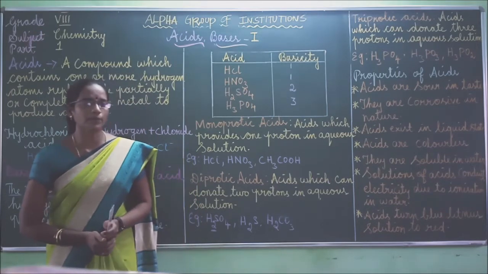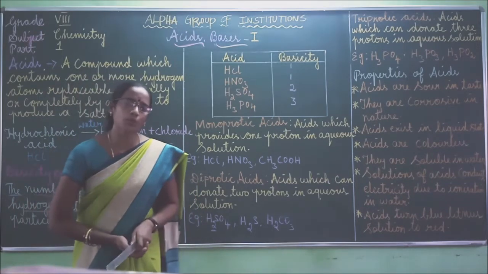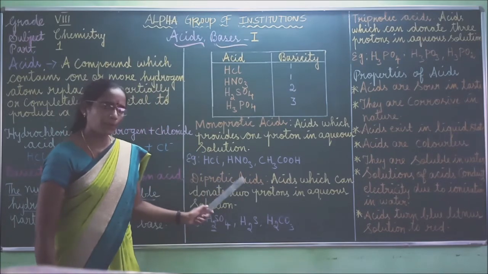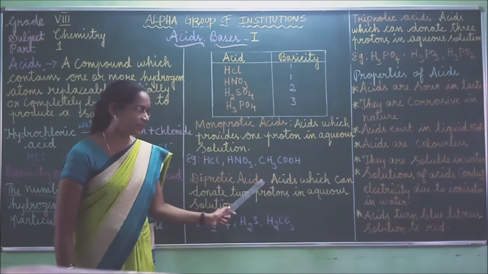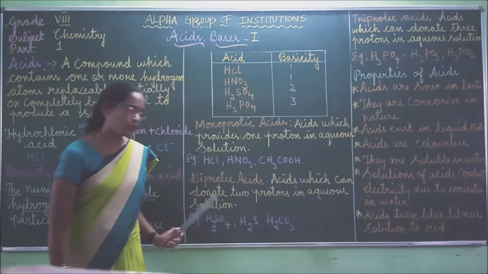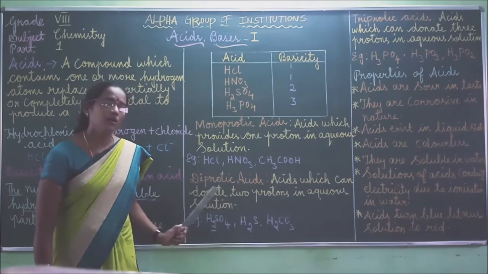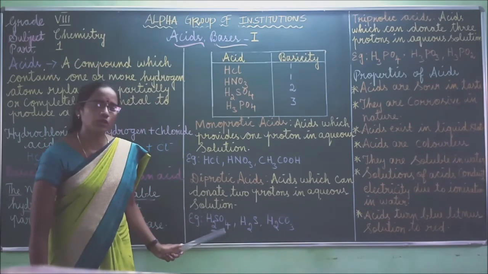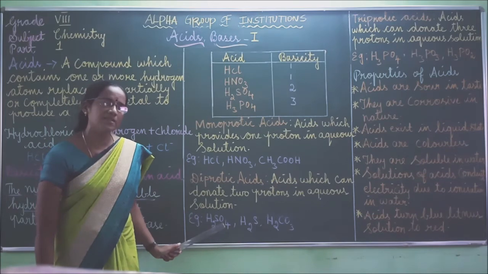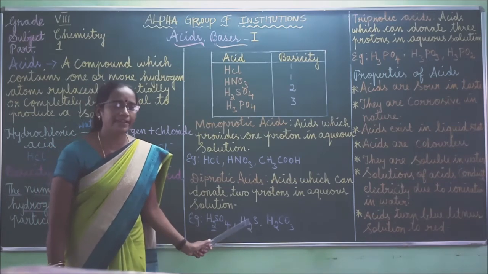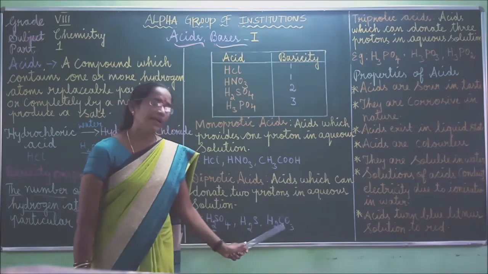One proton means monoprotic, whereas two protons means diprotic.